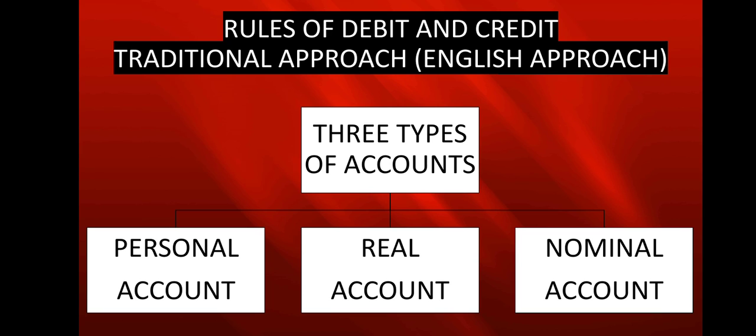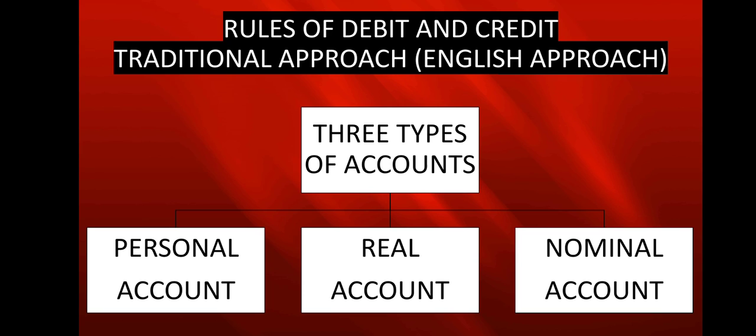When we talk about the types, the first one is natural personal account. That is the accounts of human beings. When I say human beings, it could be the owners, the employers, the employees. All these individual accounts of a person is what we call natural personal account.